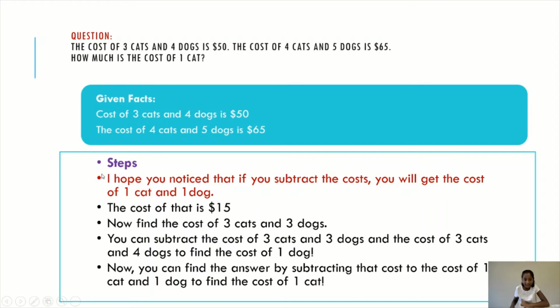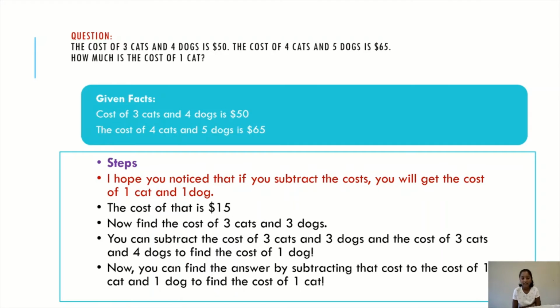Now that you know the cost of 1 cat and 1 dog, which is $15, now find the cost of 3 cats and 3 dogs, which is nothing but you just need to multiply that by 3. 1 cat and 1 dog times 3 equals the cost of 3 cats and 3 dogs.